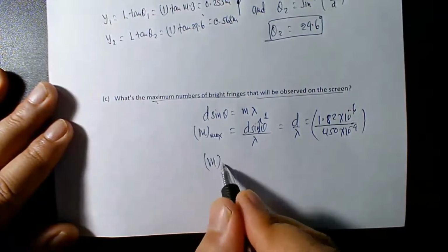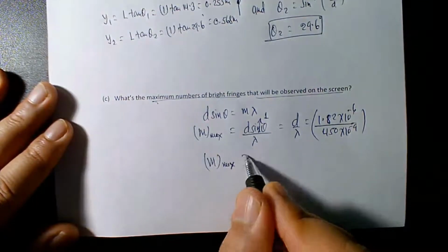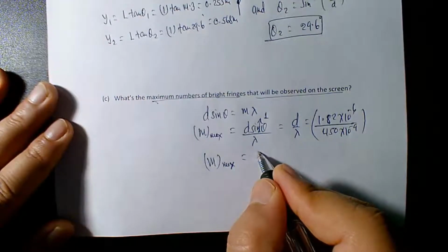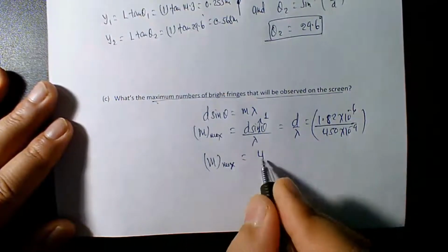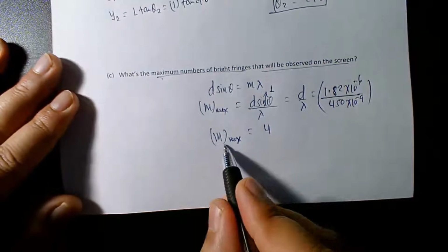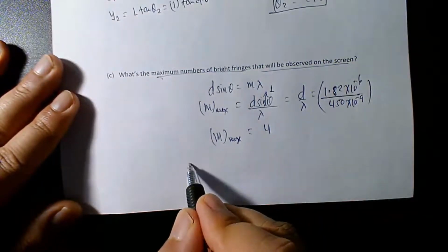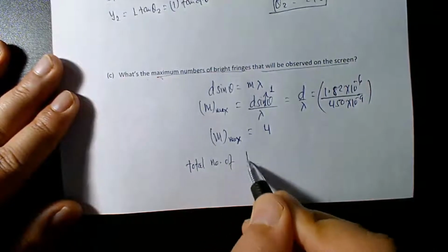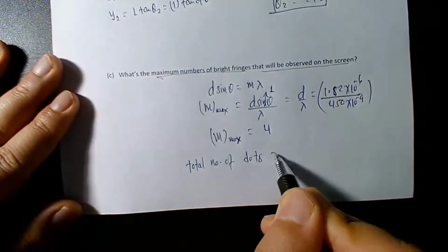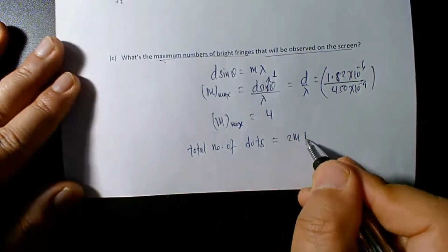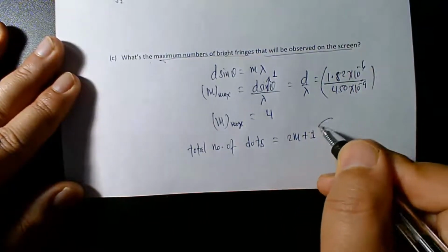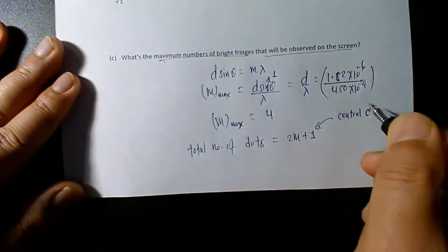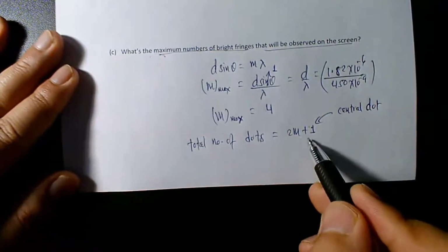So m max, the maximum number of dots on each side, is 4. But this is just one side, so the total number of dots seen on the screen is 2m plus 1, where the 1 represents the central dot, because the central dot is bright as well.